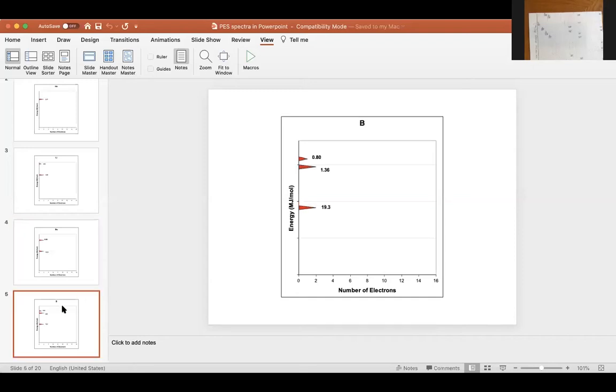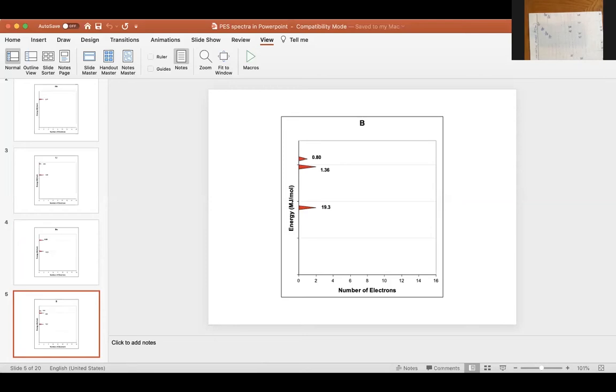So the next element is boron. There are 3 peaks now. Yeah, 3 peaks. One at 0.8 megajoules, one at 1.36, and one at 19.3. So we'll write those ones in, and then we'll worry about the electrons here.